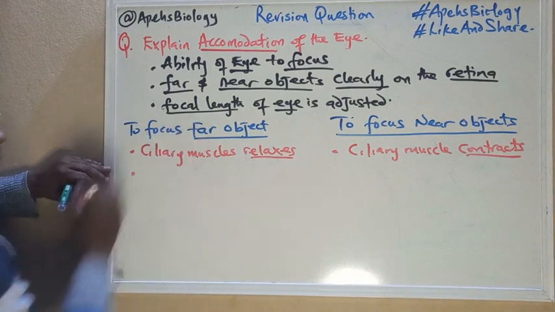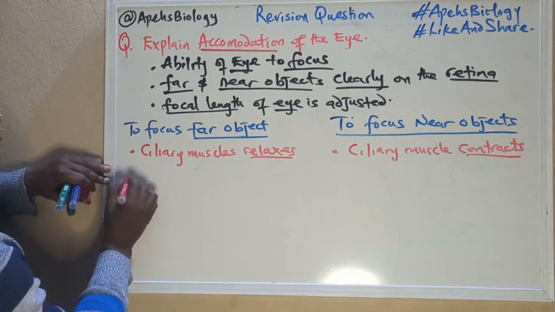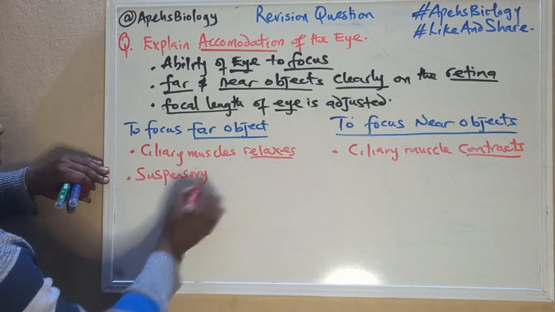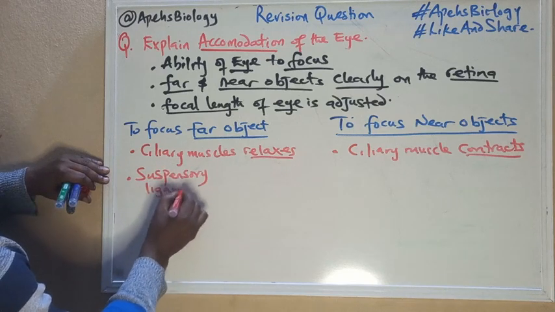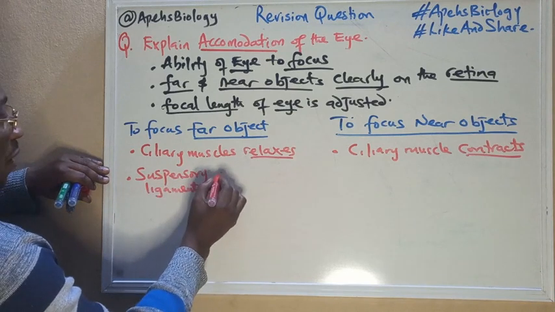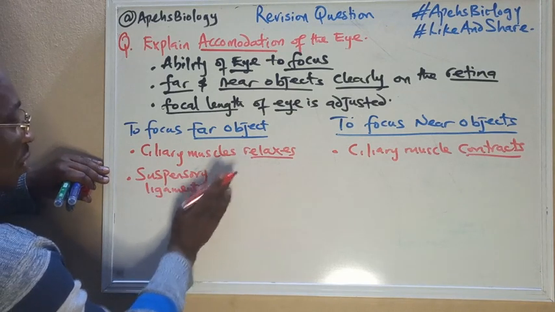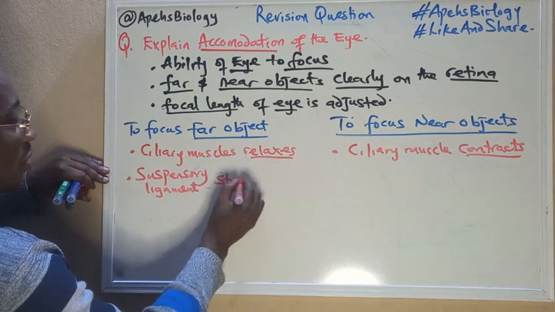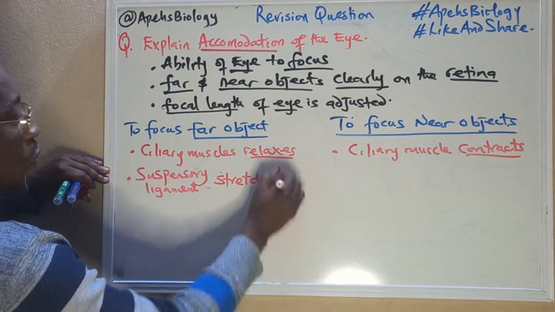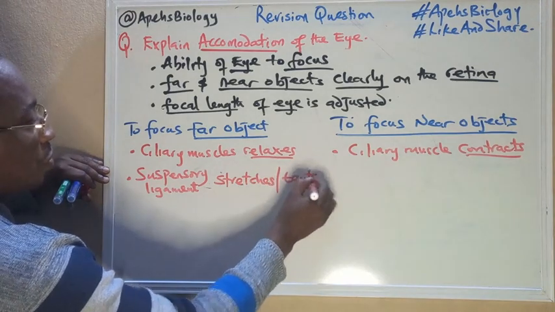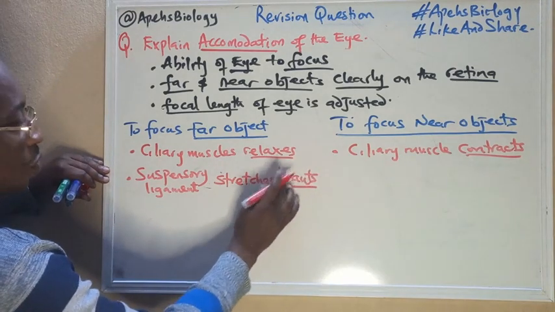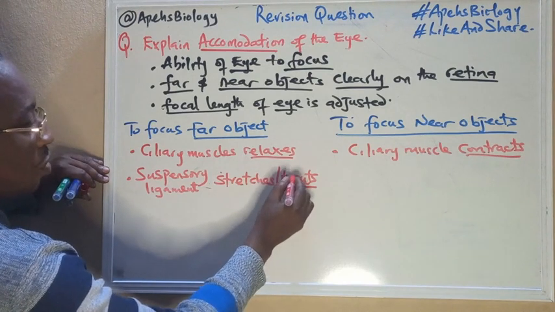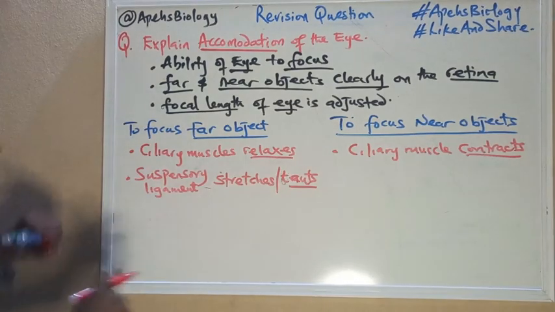Now to focus far objects again, another thing that happens is that the suspensory ligaments stretch, or we use the word taut, T-A-U-T. It stretches or tauts, or can pull, that's what I mean.